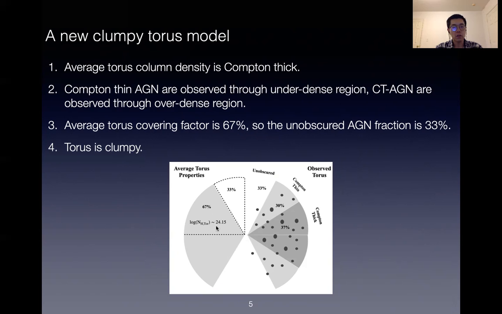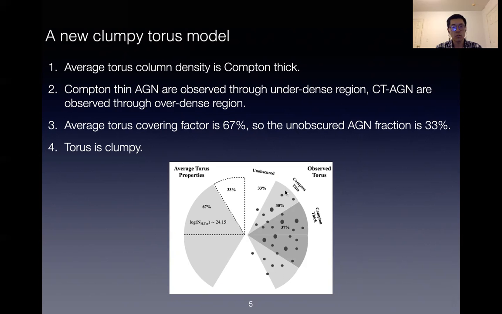The average torus covering factor is about 67%, so the unobscured AGN fraction is about 33%. And we also find that the torus is extremely clumpy. However, keep in mind that all this information is about the intrinsic properties of the torus.